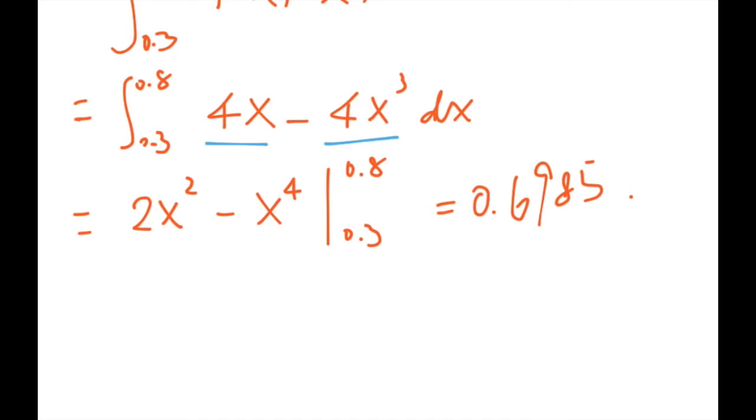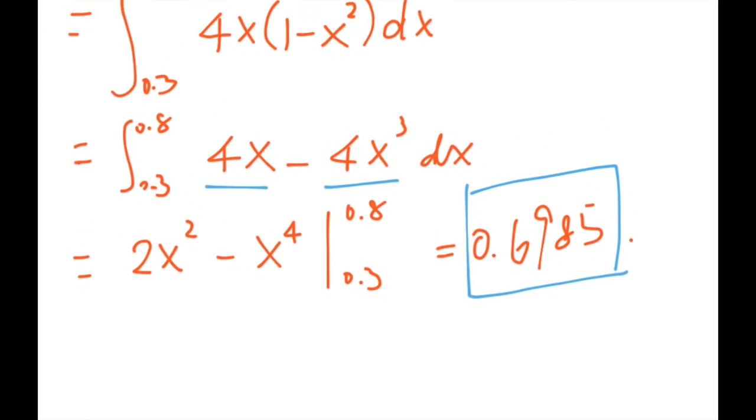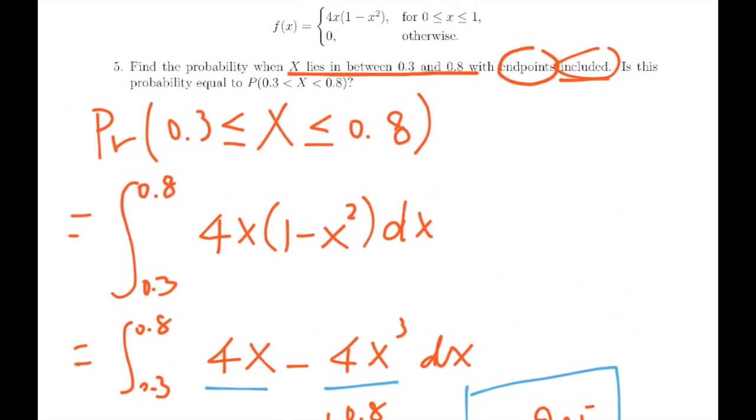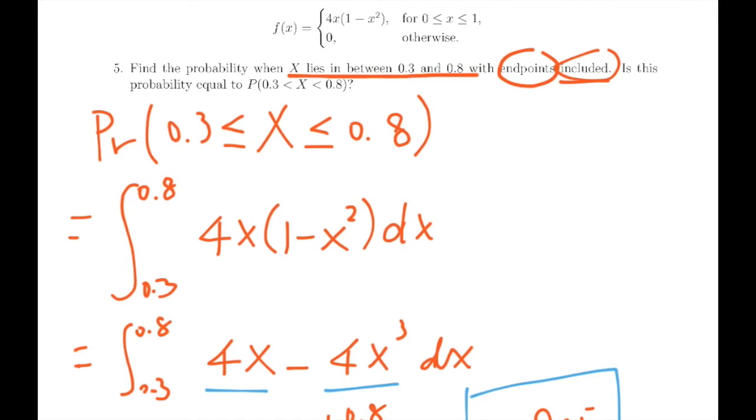Alright, this is the first part of this problem where we find the probability when x is between 0.3 and 0.8 with the endpoints included. And then we want to find the probability of x is strictly between 0.3 and 0.8.